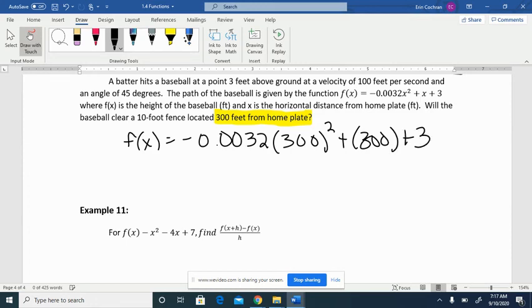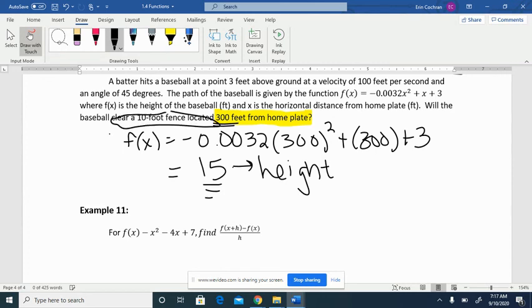Then, using my distance, we end up getting 15. So my baseball is 300 feet away from home plate, and we will be at a height of 15. So if we have a height of 15 at 300 feet, will we clear a 10-foot fence? Yes, we will. So yes, we would be able to clear. Okay. All right.